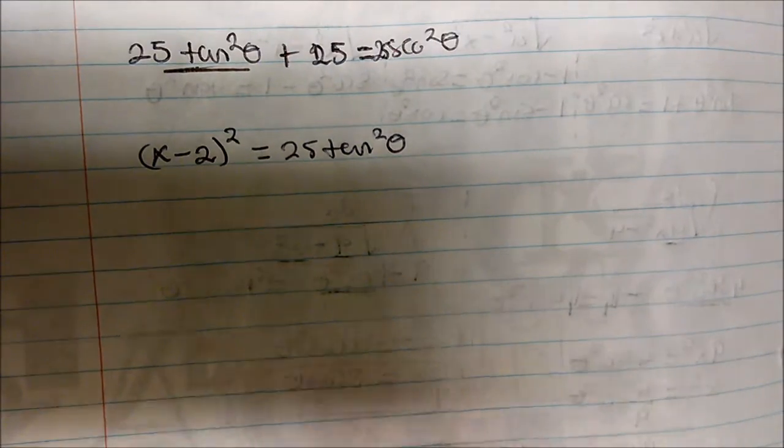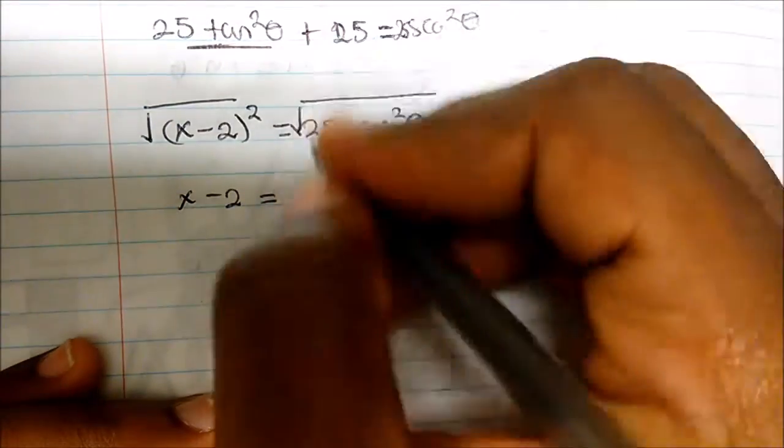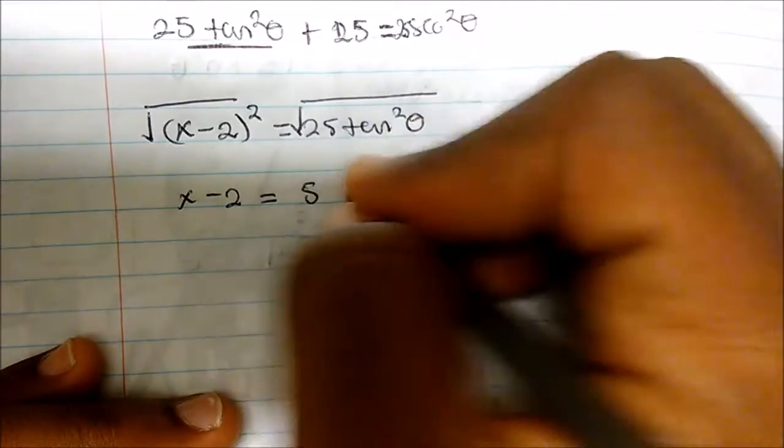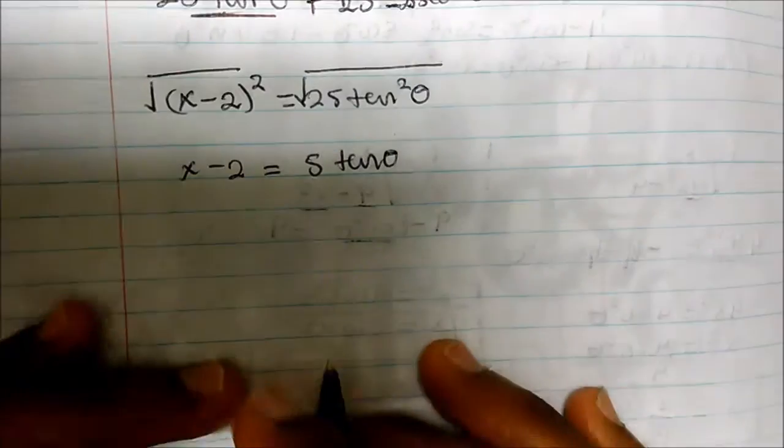Now we need to solve for x. If I take the square root on both sides, the 2 disappears, so this becomes x minus 2, and that is equal to, well, the square root of 25 is 5, and the square root of tangent squared is just tangent. So that'd be 5 tangent of theta.